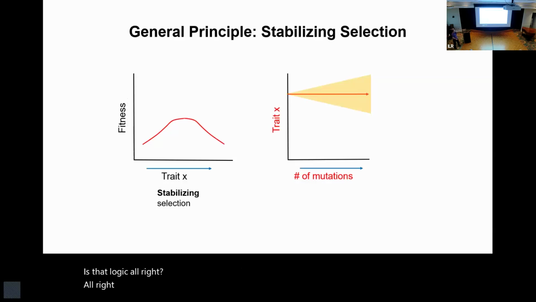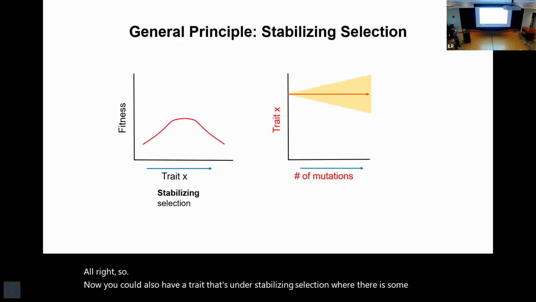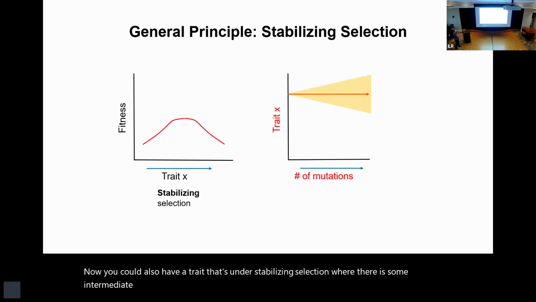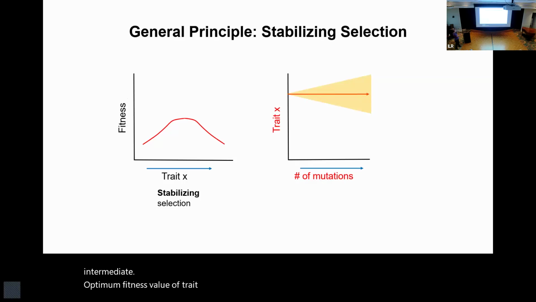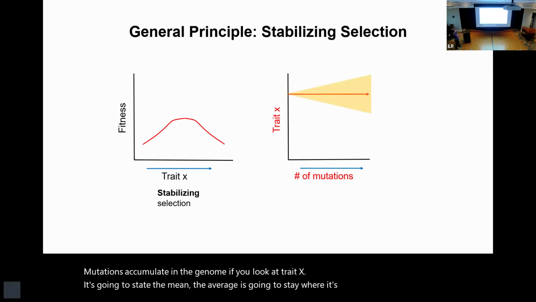Now you could also have a trait that's under stabilizing selection, where there is some intermediate optimum. I showed stabilizing selection before. There is an intermediate optimum fitness value of trait X. Now, as mutations accumulate in the genome, the mean of trait X is going to stay where it's at, but the variance is going to increase.